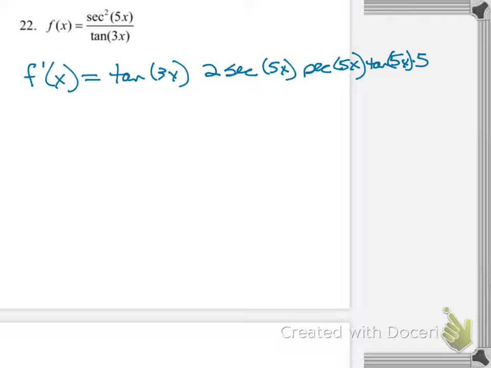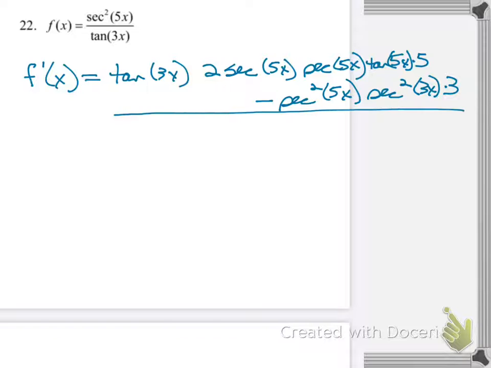So that's just low d high. Minus high, which is secant squared 5x, d low, which is secant squared 3x times 3, and then all over tan squared 3x.